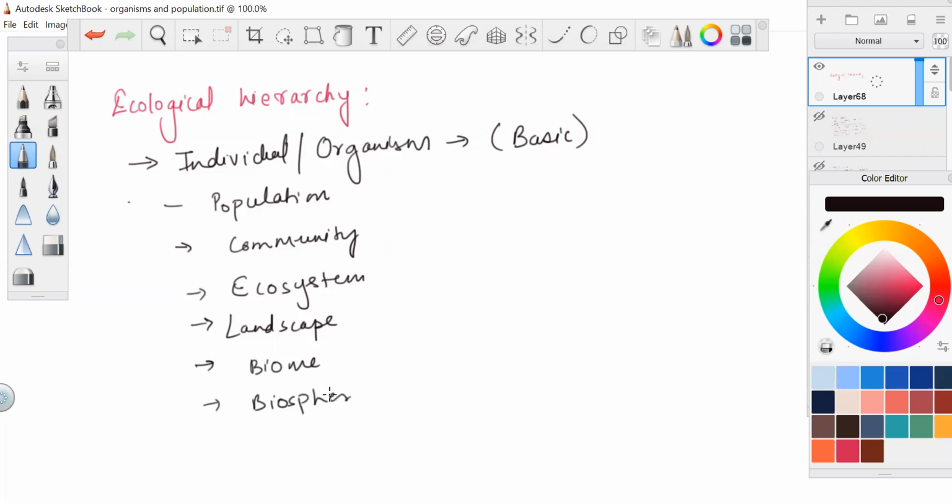You should remember all these; these are all forming the ecological hierarchy. Generally in four levels we study this: organism, population, community and biome. But these two also can be asked, so you should remember where they are placed. And we have seen all the definitions: organism, population, ecosystem.